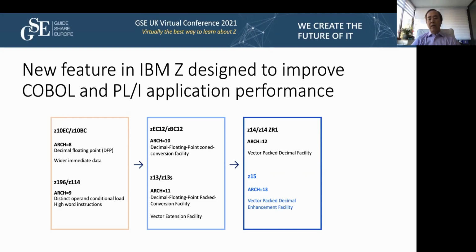And then we added a facility to reduce the overhead for interlanguage calls, where overflow exceptions come back from the calls. So as you can see, we're progressing with new hardware features all the time. That's the roadmap, and currently we're working on z Next and z Next plus one.